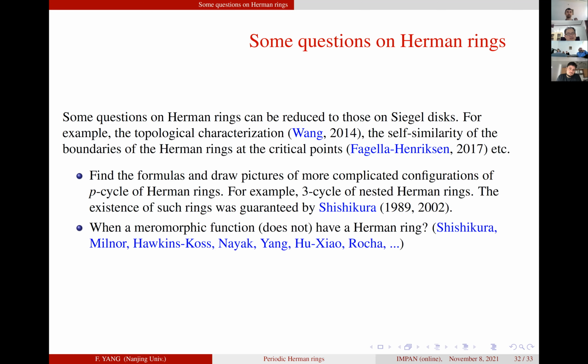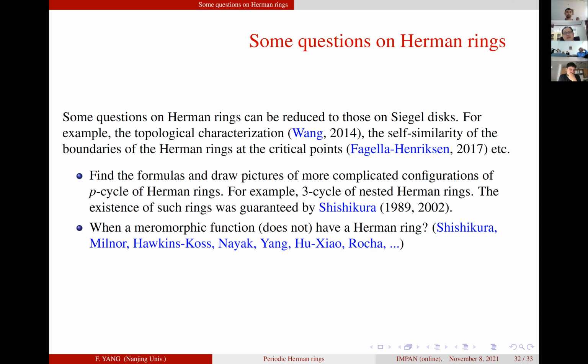The second question is about when a meromorphic function has a Herman ring or does not have a Herman ring, because we know the Herman ring is hard to find because it has no associated periodic points. Other periodic Fatou components, super attracting, geometrically attracting, parabolic, and Siegel disks, all have an associated periodic point.